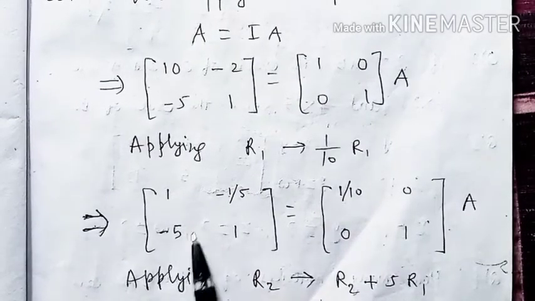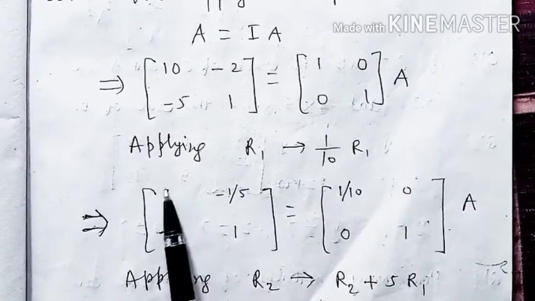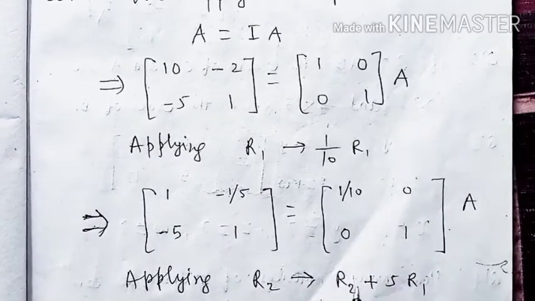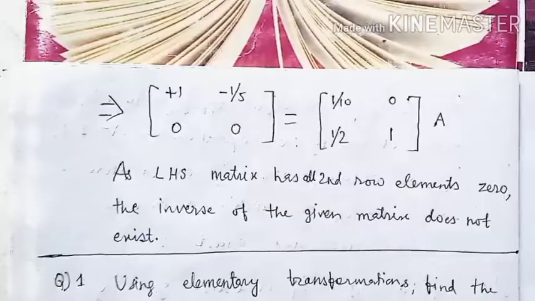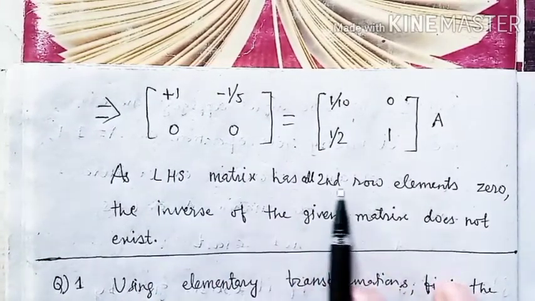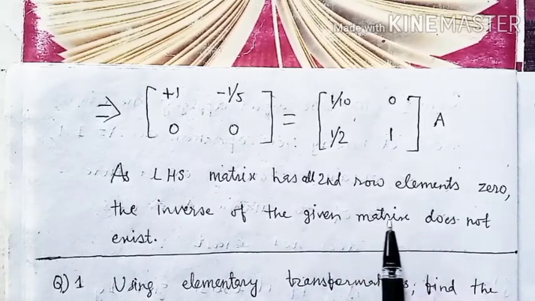So R2 is changed to R2 plus 5 R1. So we apply this operation to get R2. Here we can see that as LHS matrix has all second row elements 0, the inverse of the given matrix does not exist.